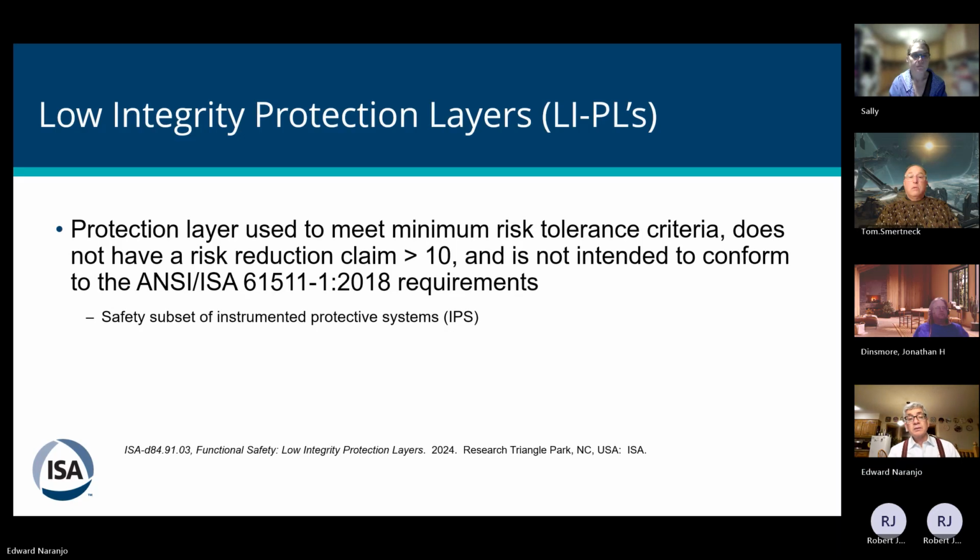And so somehow improving the search engine optimization for ANSI ISA 61511 across a number of different kinds of subjects might be something that the ISA 84 committee could adopt or look into as a next step into 2026.